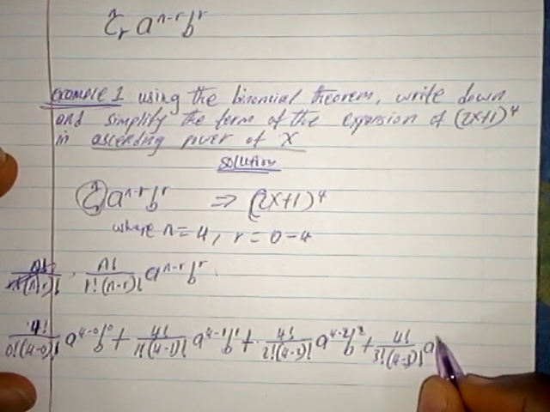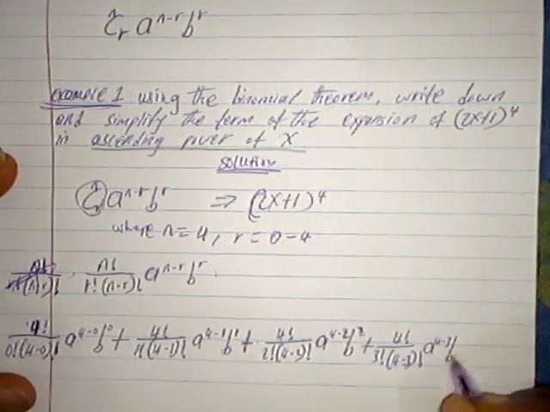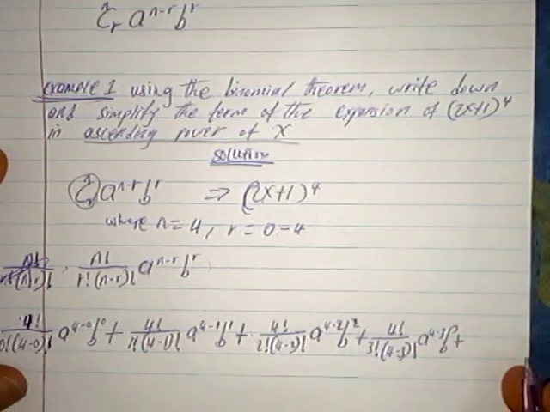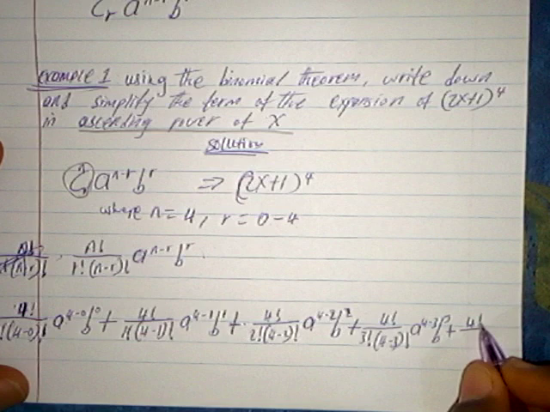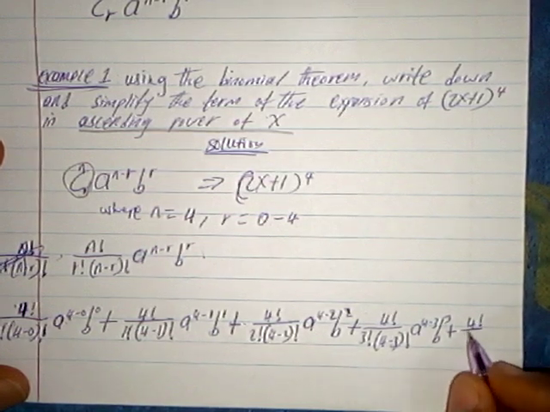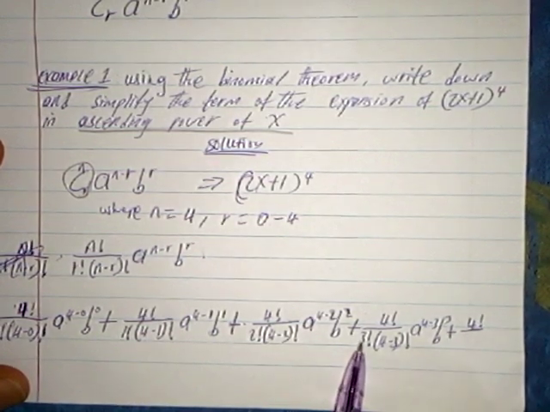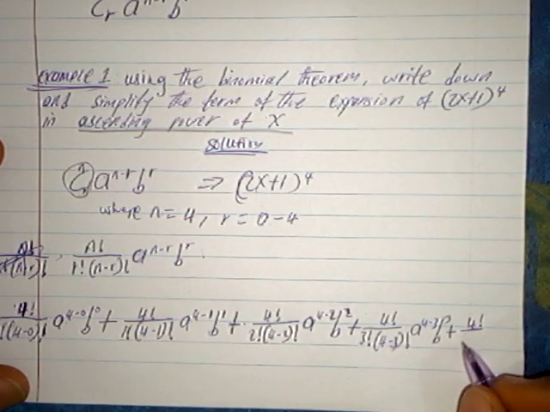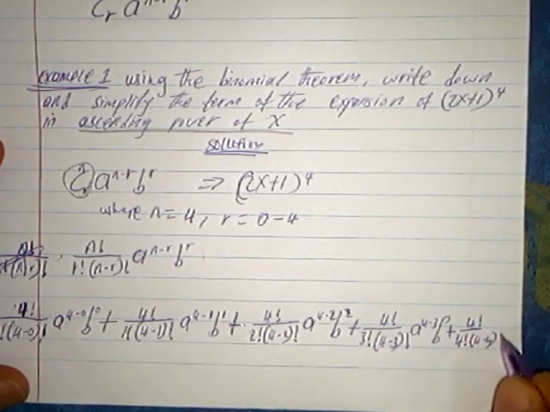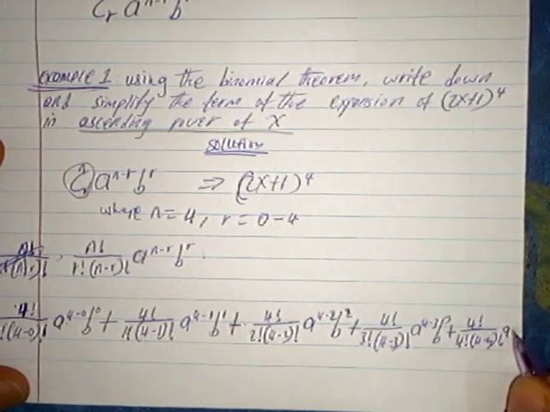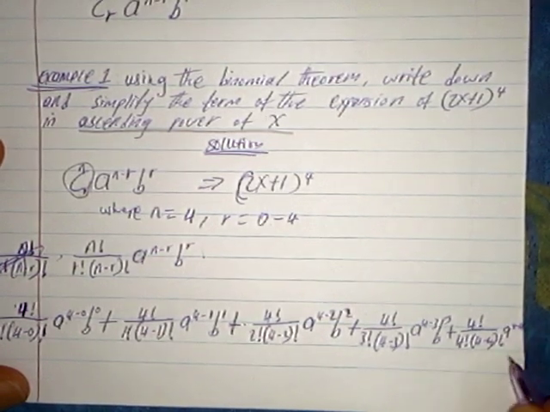A raised to the power 4 minus 3, b raised to the power 3. Plus, is it understandable? 4 factorial. Now r has moved from 3, going on to 4. 4 factorial, (4 minus 4) factorial, a raised to the power 4 minus 4.